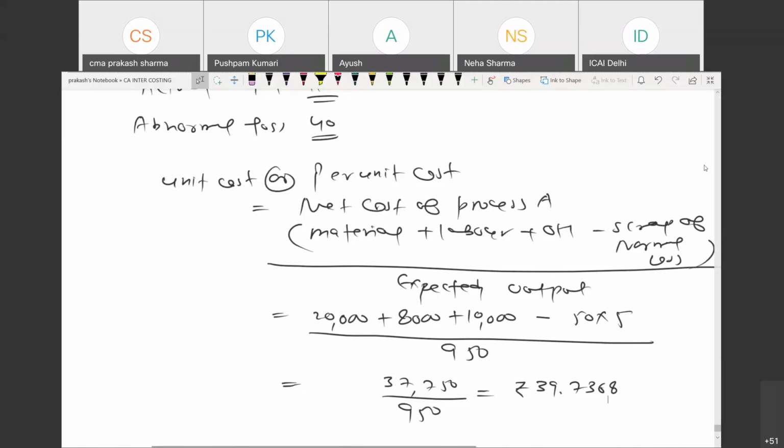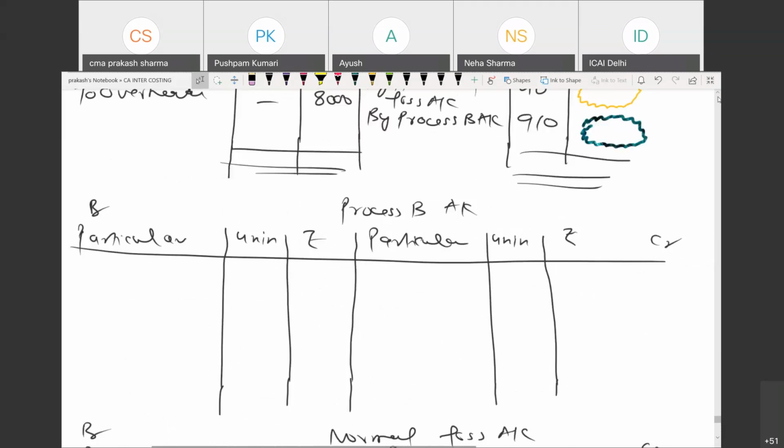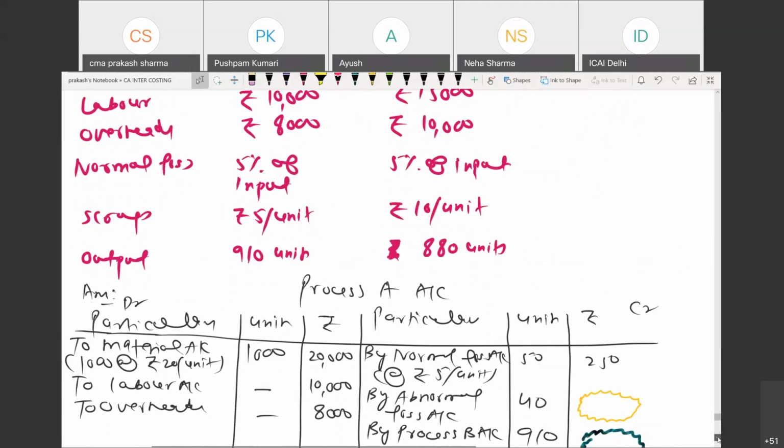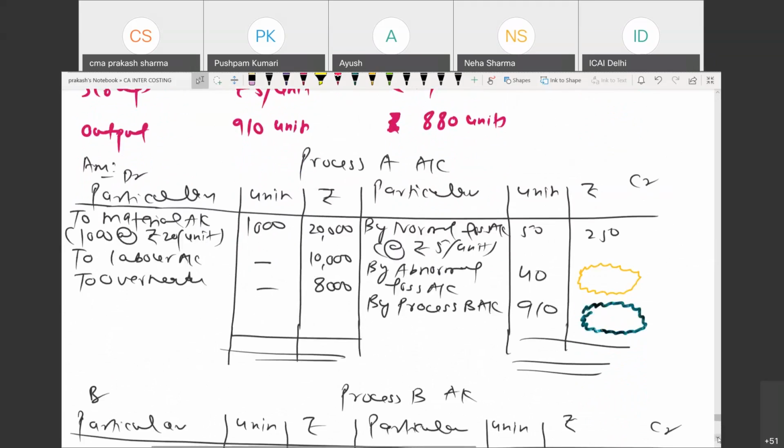Okay sir, let us get back to our process account. So normal loss, abnormal loss account at the rate of rupees 39.7368.